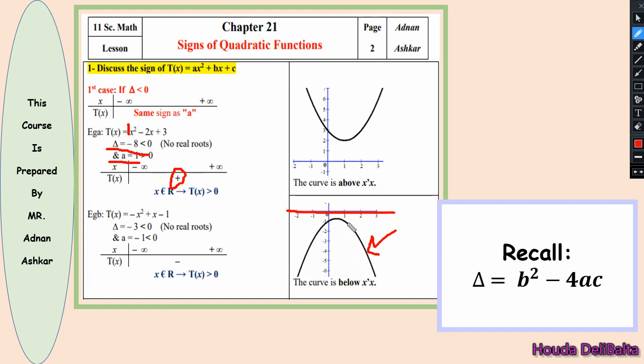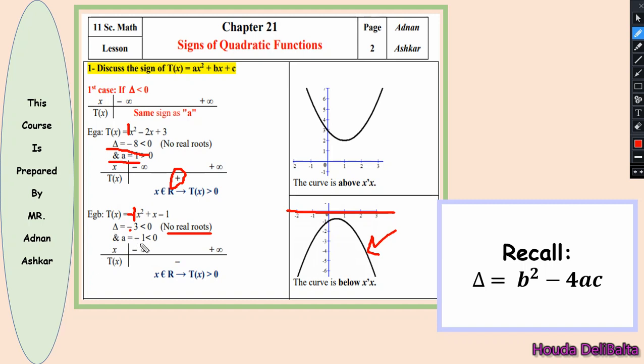Because this curve is not intersecting the x-axis at any x-intercepts, then definitely no real roots. Let's make sure by calculation. Delta here equals minus 3, which is also negative, which means no real roots. That's true. A here is the number multiplied by x squared, which is minus 1.